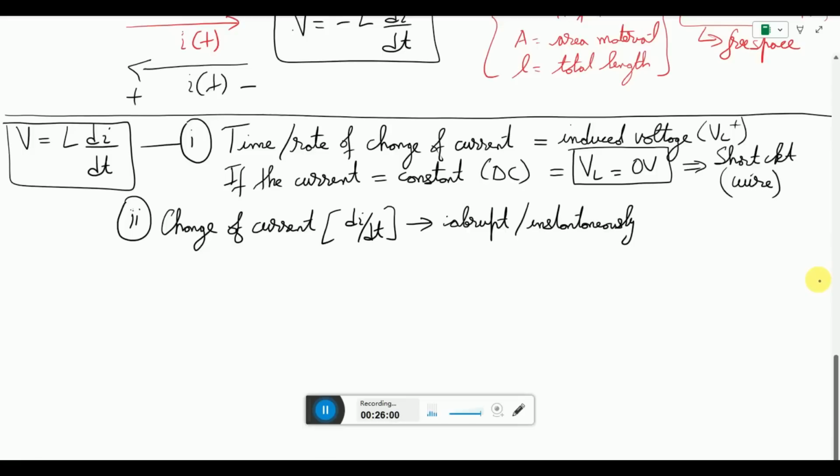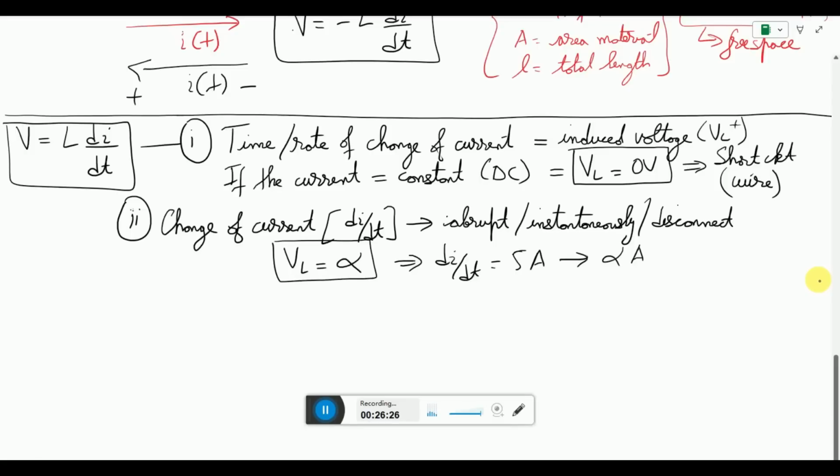To put it very simply, we shouldn't suddenly disconnect the inductor from any circuit, because if we do so, then the voltage will go towards infinity. Let's say the current was 5 amps and we suddenly brought it to a higher value, let's say infinity ohms, then what is going to happen? The voltage will go towards infinity, because voltage is directly proportional to the rate of change of current, and this is not allowed when we are working with inductors.